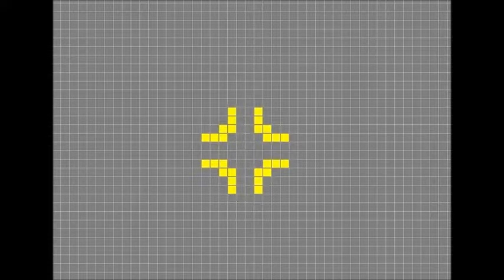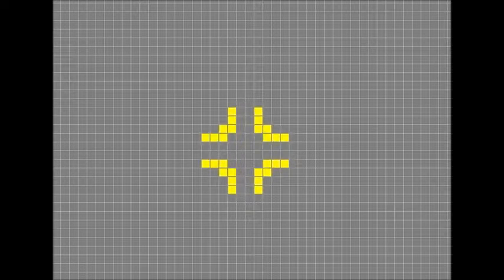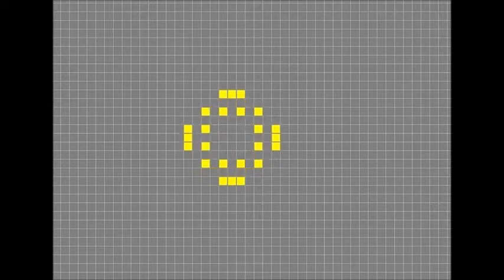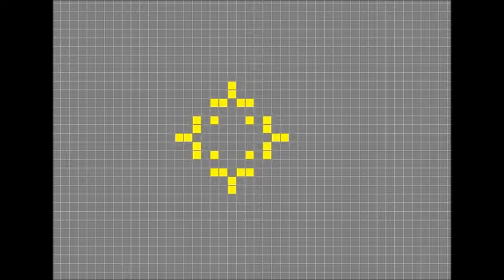the cross, also with 3 generations, and lastly the star with 3 generations as well.